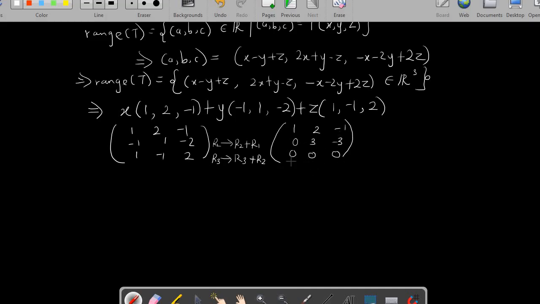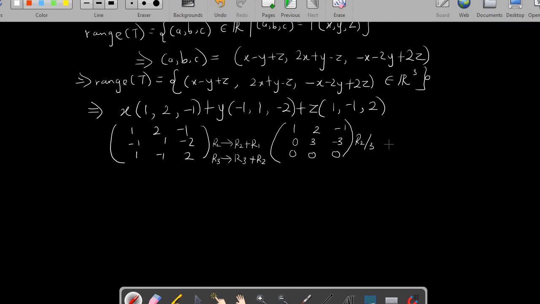Alright, so we have been able to reduce to row echelon form, but you can also decide to divide this by 3, so that you won't be having 3. It's good to reduce it to the simplest form since we are looking for the basis.